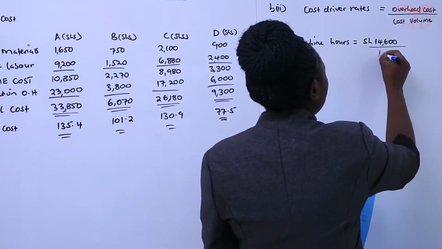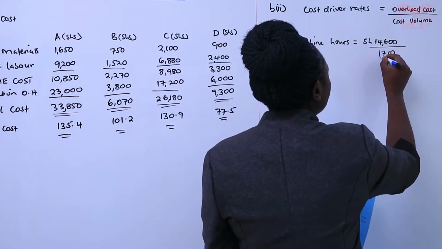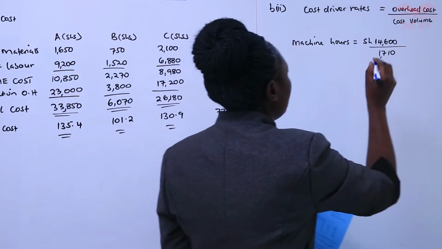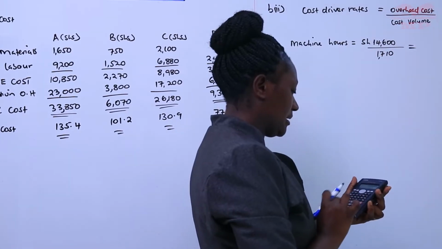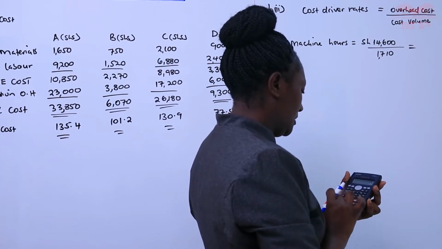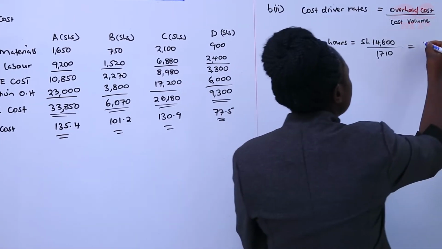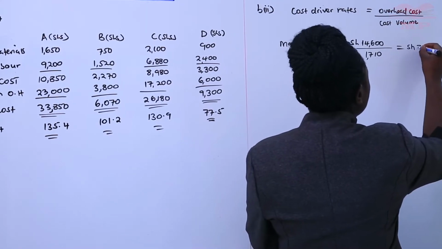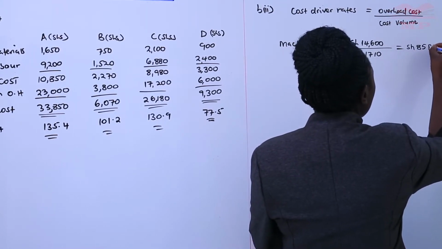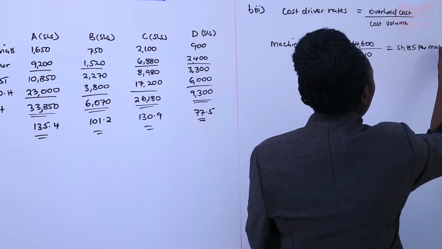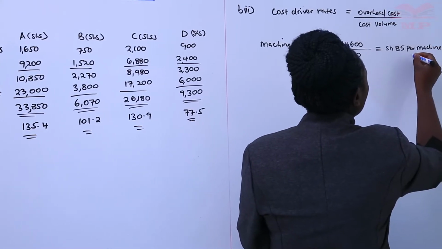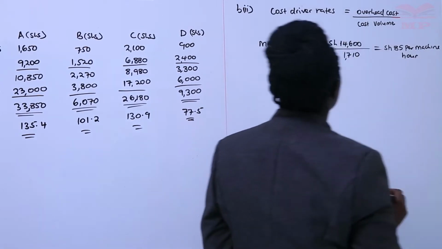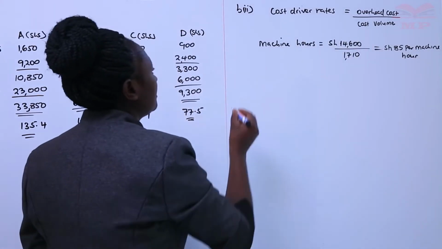The total was 171,017. So I divide 14,600 by 1710. This is 85 shillings per machine hour. That's one.